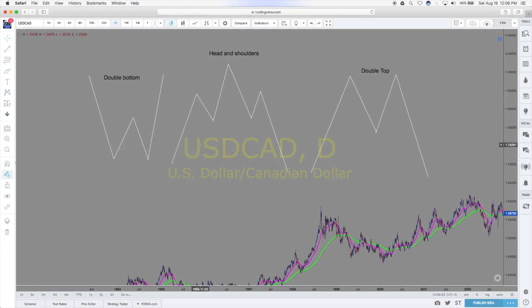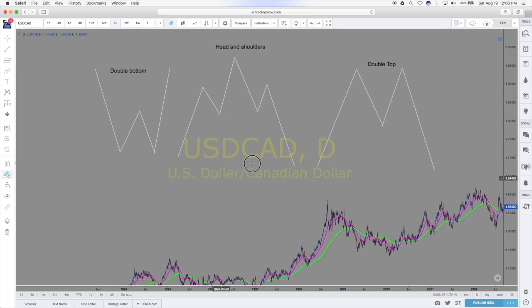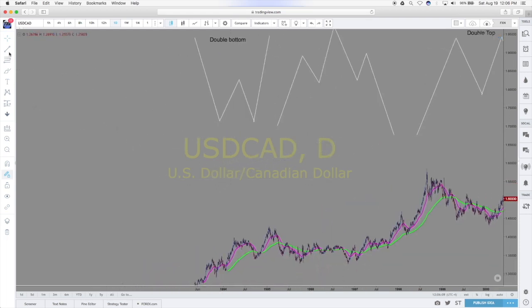There is one more, and that's an inverse head and shoulders, which is basically this upside down. So it's basically like this here.